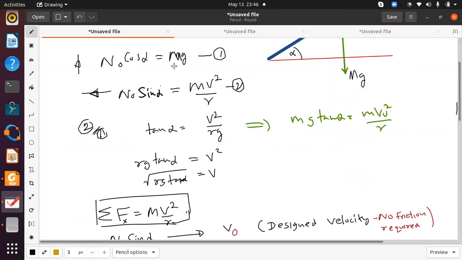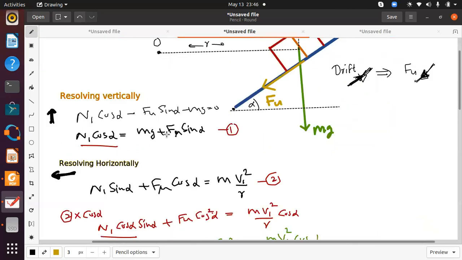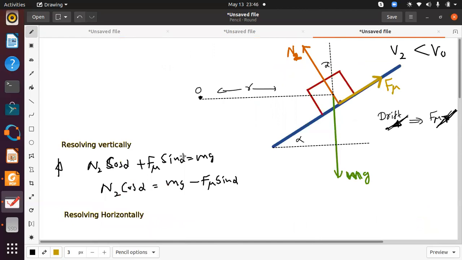So earlier it was equal to mg plus an additional force, when the frictional force acts down the slope. And in this case, the component of the normal force is equal to mg minus the component of the frictional force, right?